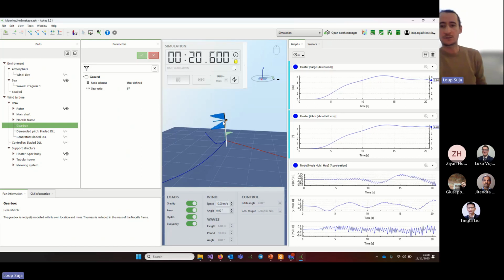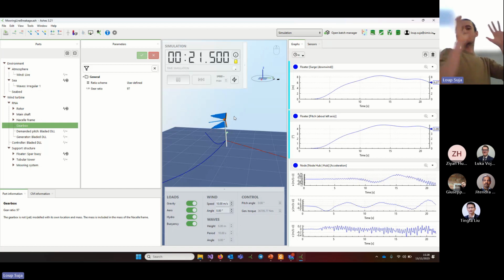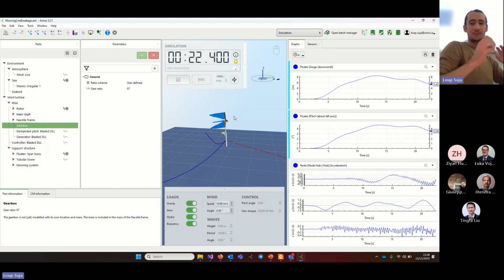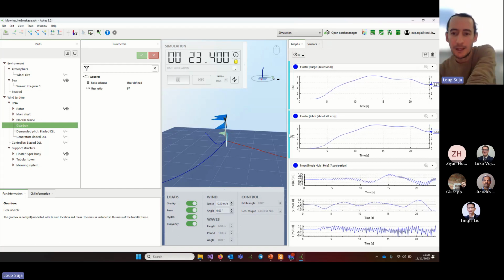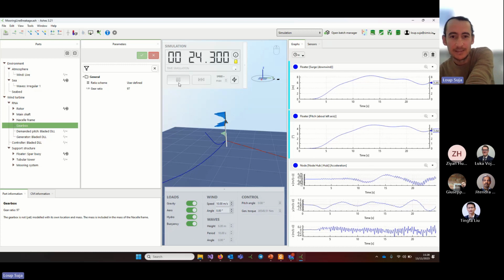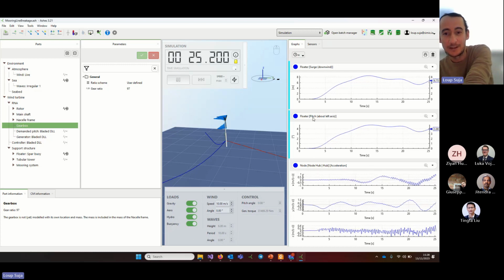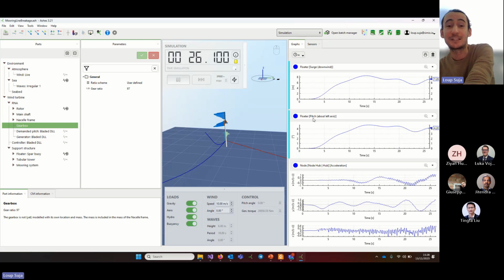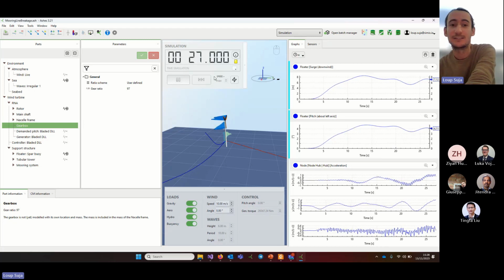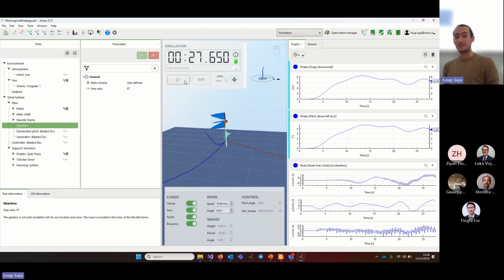A positive number means that we're moving backwards, kind of out of the wind. And this one here is, very unfortunately, also called pitch, but it has nothing to do with the blades. This means how much the floater is tilting forward and backwards.